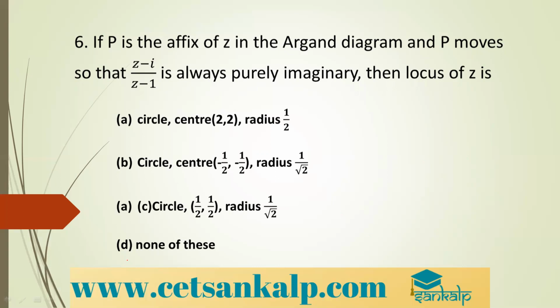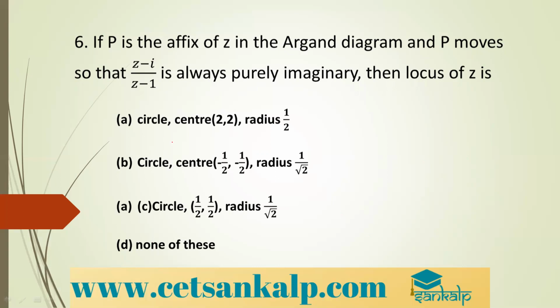The locus of z means the equation for z, or z lies on which circle, z lies on which square, z lies on which parabola, like that. Locus means that.